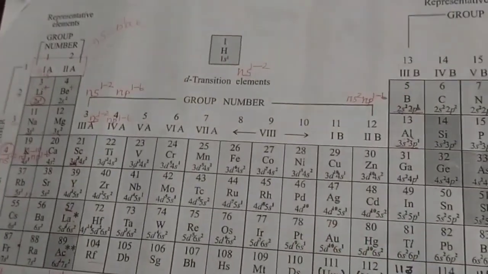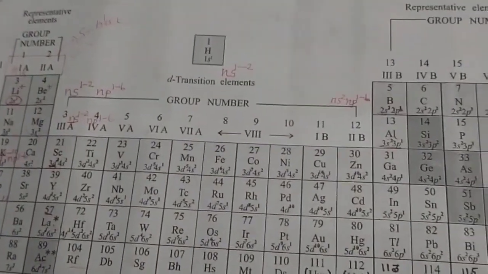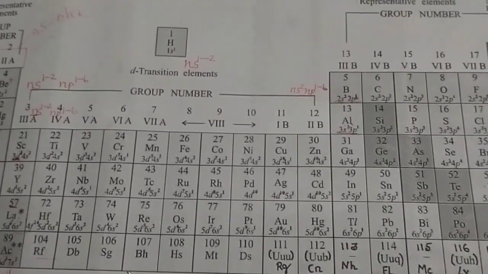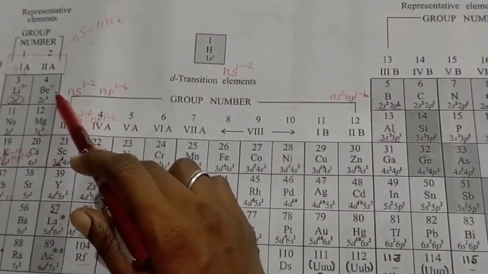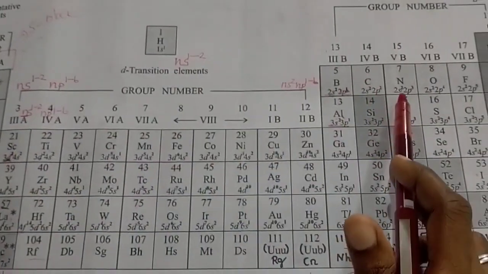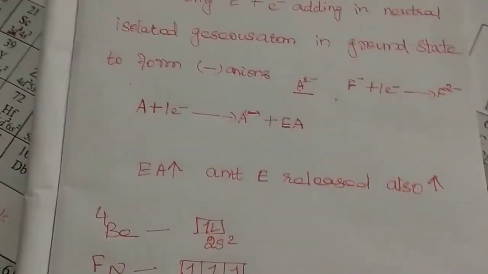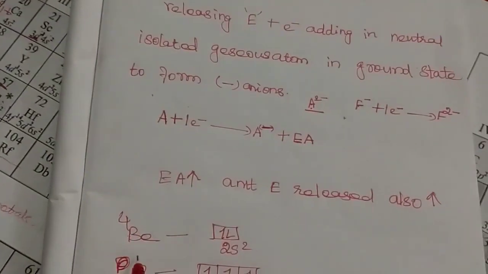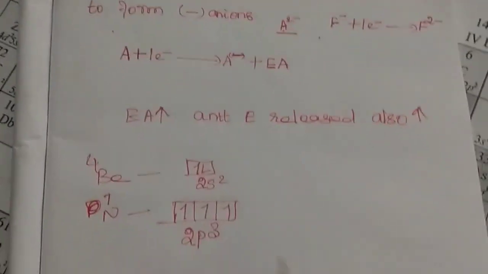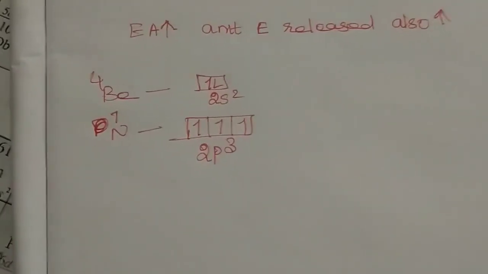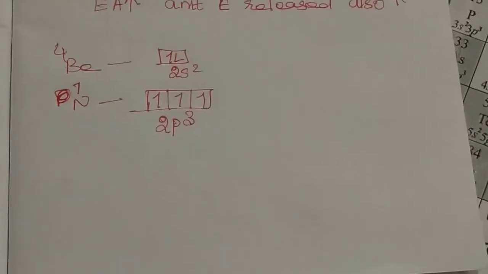Like ionization energy, here we have beryllium and nitrogen as the exception cases in the second period. Beryllium is 4 and nitrogen is 7. They are the exception cases in electron affinity.